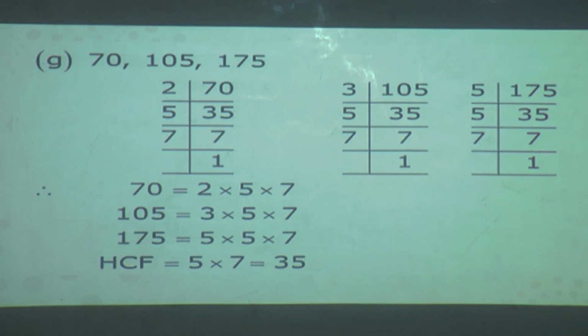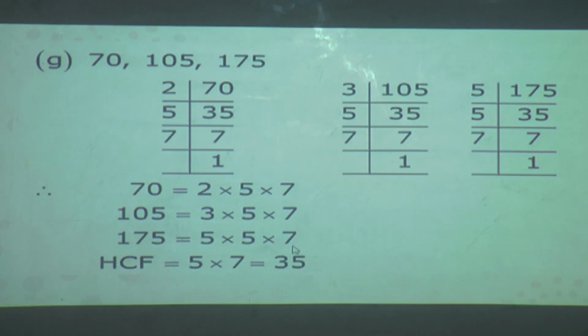As we have found out the prime factors for all the three different numbers, that is 70, 105 and 175: prime factors of 70 are 2 into 5 into 7, prime factors of 105 are 3 into 5 into 7, and prime factors of 175 are 5 into 5 into 7.